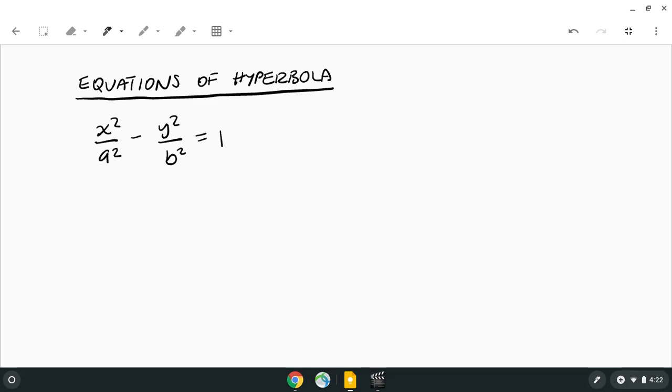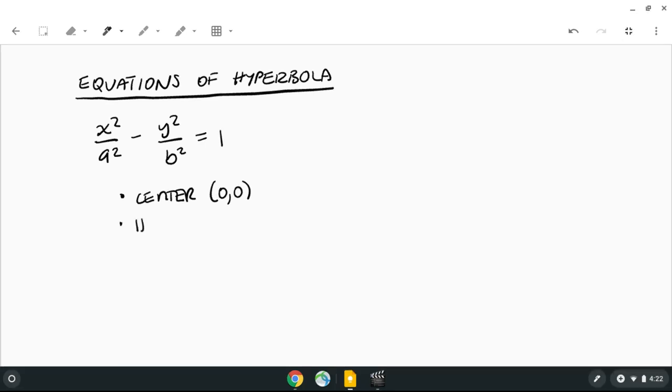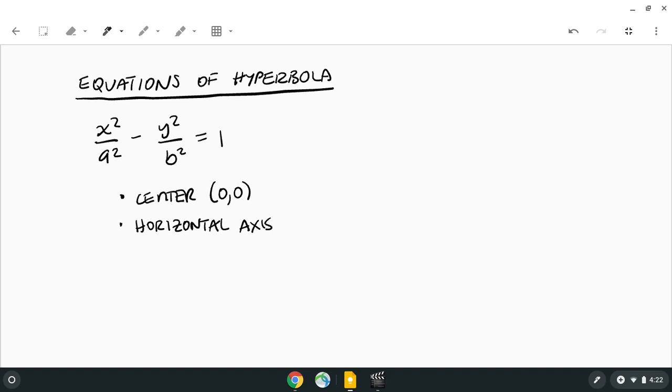So what do we know? We know that the center is at 0, 0. We know that the horizontal axis length, so a lot of the information is going to be the same, is whatever A is times 2.